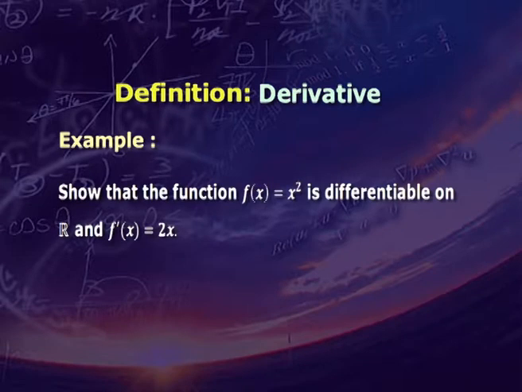We now take one example to illustrate the method of computing the derivative by its definition. Example: show that the function f of x equal to x square is differentiable on R and f dash x is equal to 2x.